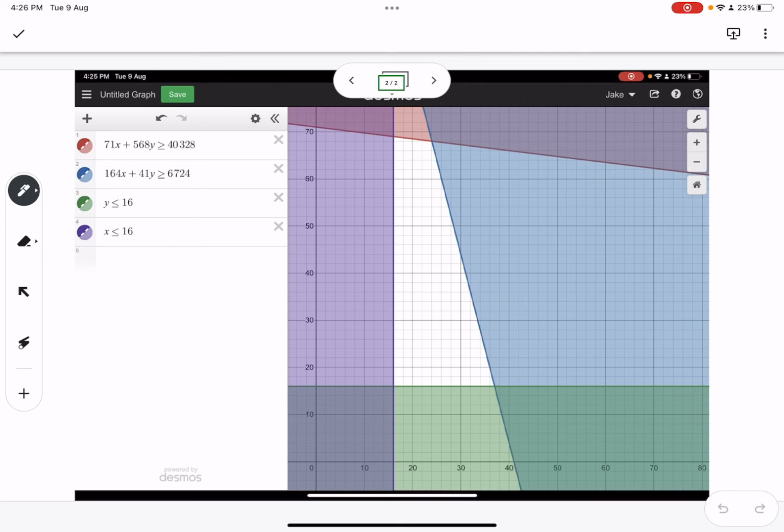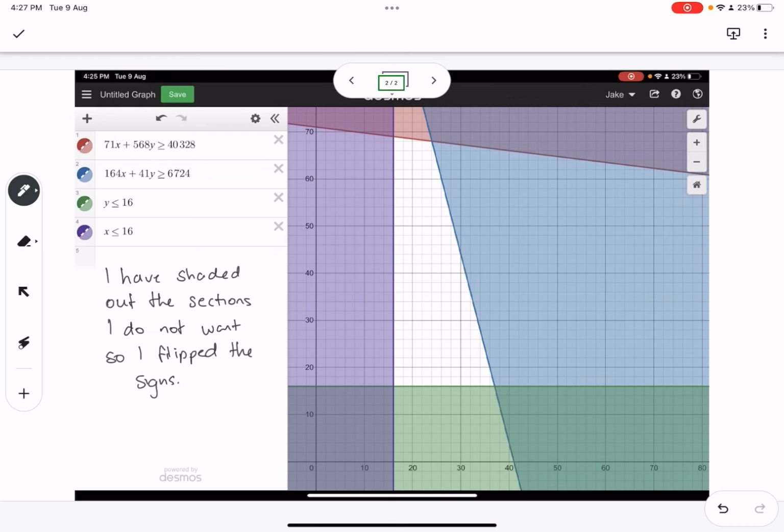So first of all, we need to make a little note on here to say that I have shaded out the sections I do not want. So I flipped the signs.